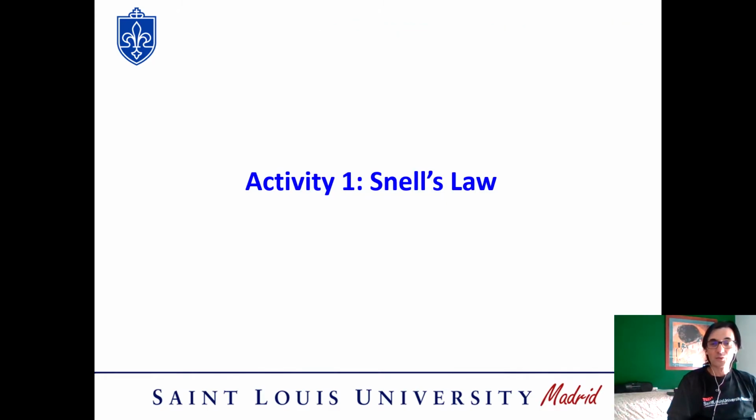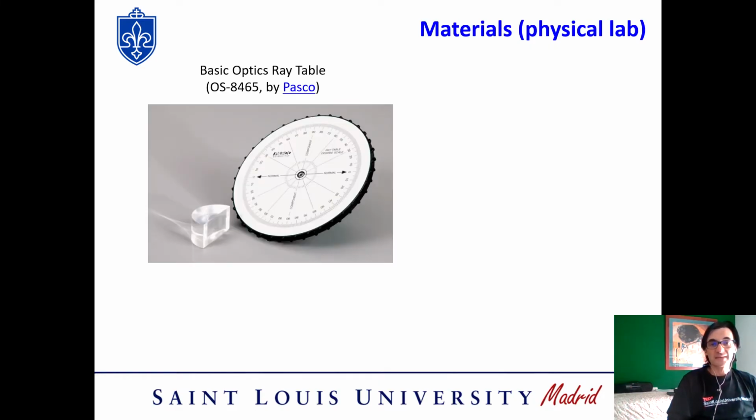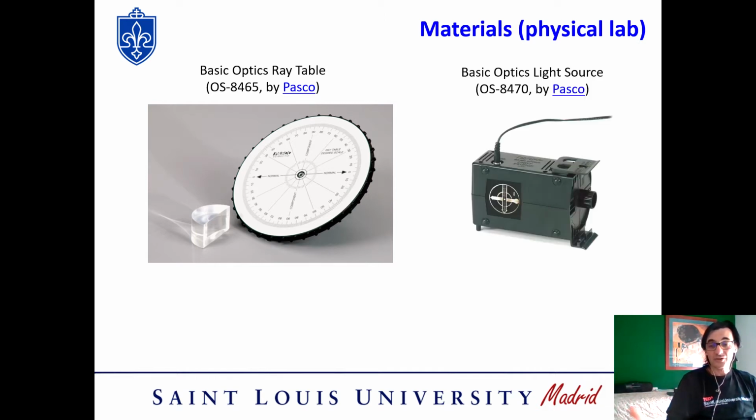So Activity 1 has to do with checking Snell's law. The materials we will use in a physical lab would be basically an optics ray table with a shape, for instance a prism, and a rotary stage. Basically, it's a 360 degrees ruler. We also use a light source, for instance white light or even a laser.